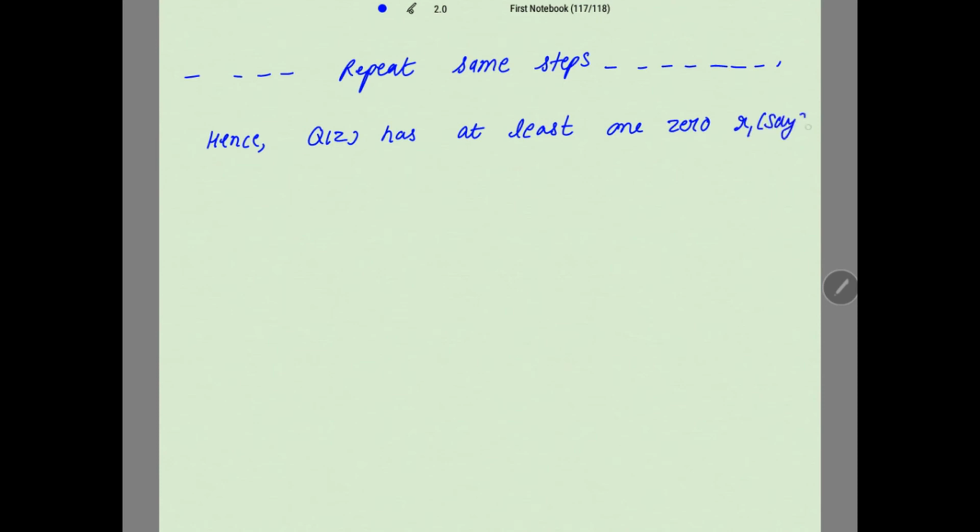So now Q(z) can be written as (z minus r1) times another function, let's say L(z), where Q(z) is a polynomial of degree n, so L(z) will be a polynomial of degree n minus 1.